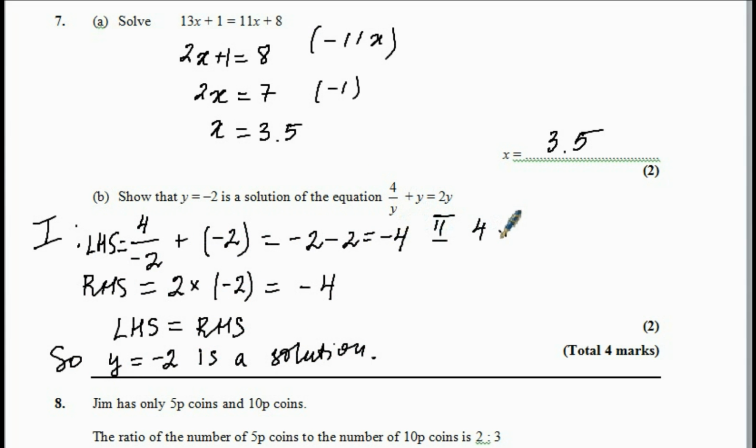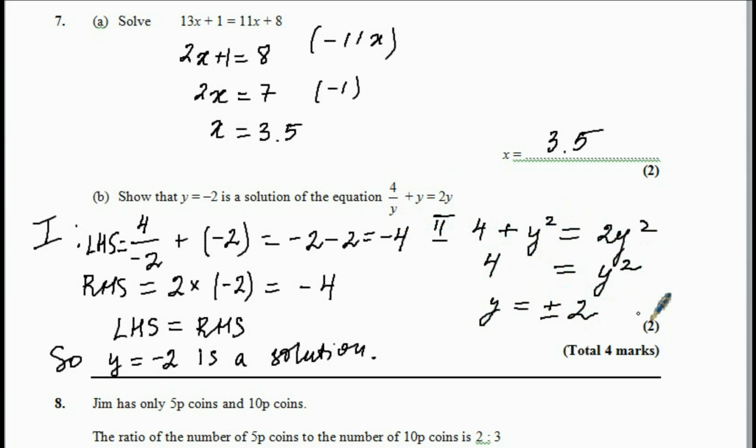So we are getting 4 plus, don't forget to multiply y by y, 2y squared, and subtracting y squared from each side, getting us 4 equals y squared. So y would be plus or minus 2 after square rooting both sides.